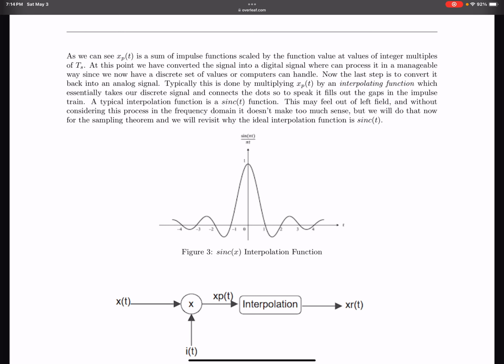This may seem out of left field, but the interpolating function we typically use is the sinc function, which has this interesting shape. We can't really understand this without looking at the frequency domain.